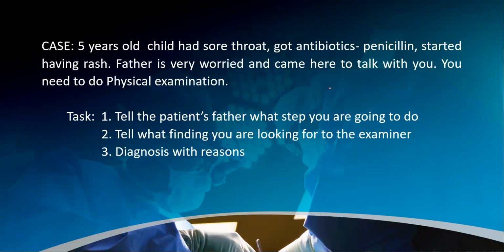Okay, then first I need to examine the rashes on the whole body. Okay, first I can start with the pulse and blood pressure. So I would like to know the pulse and blood pressure of my patient. Pulse rate, rhythm. Okay.